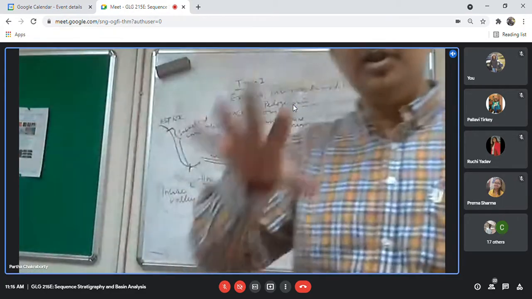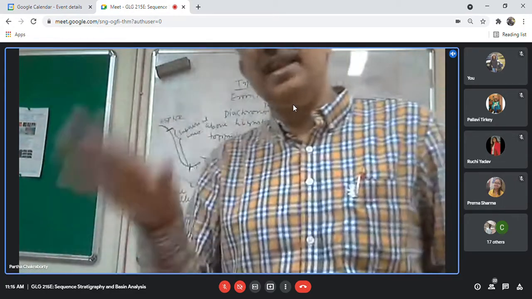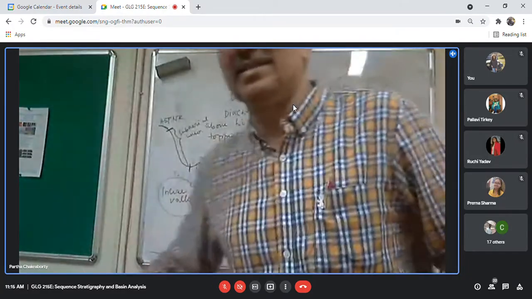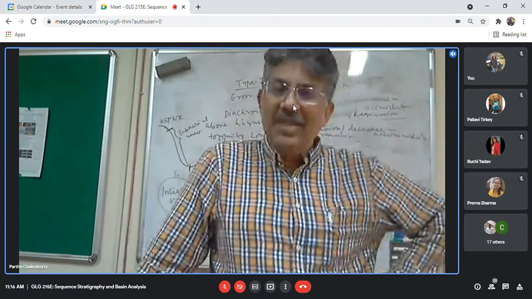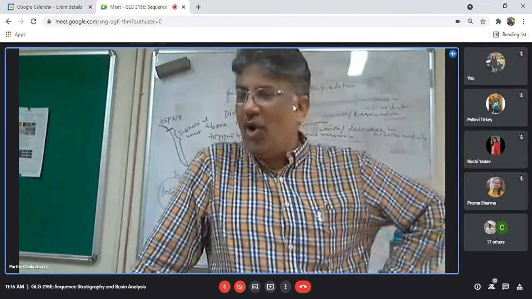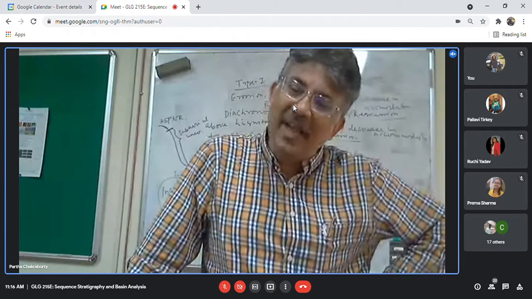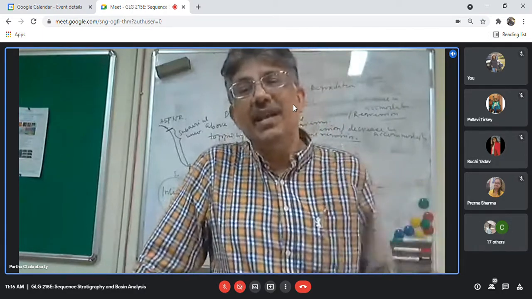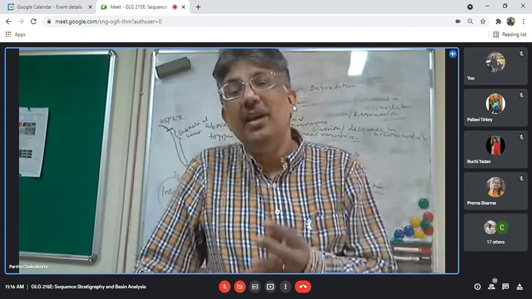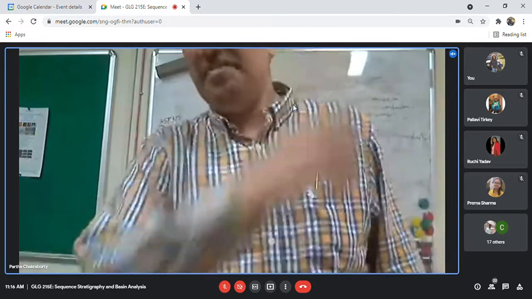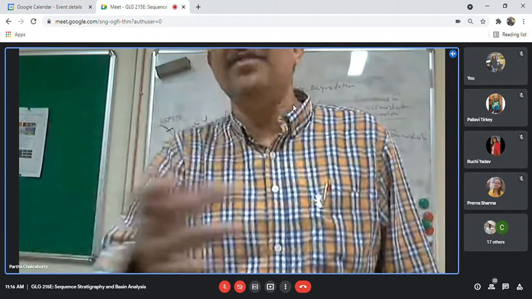I am not going into the full-scale discussion of incised valley today. We may discuss it in the next class. That incision of valley onto the shelf is what is called incised valley, and it basically preserves the product of the river system.